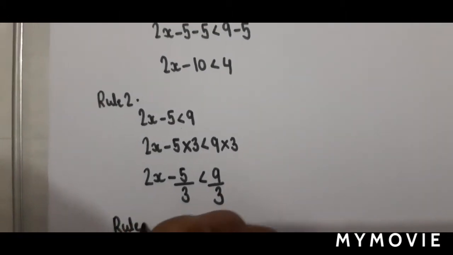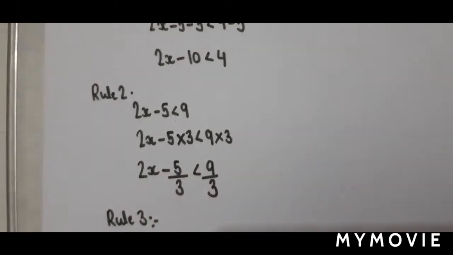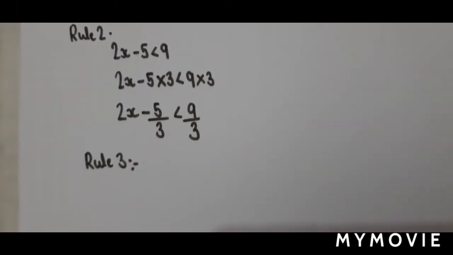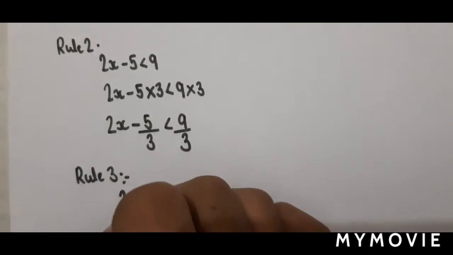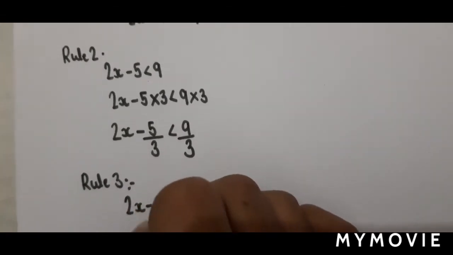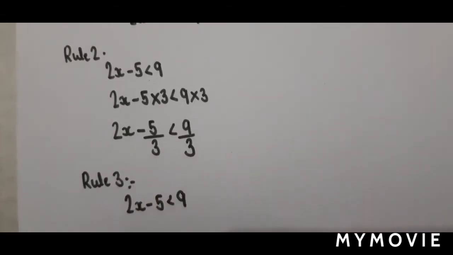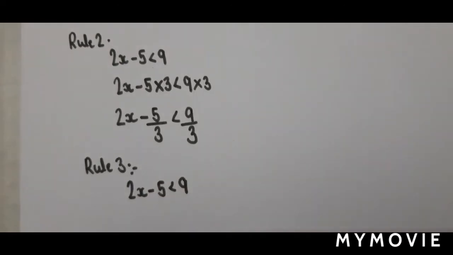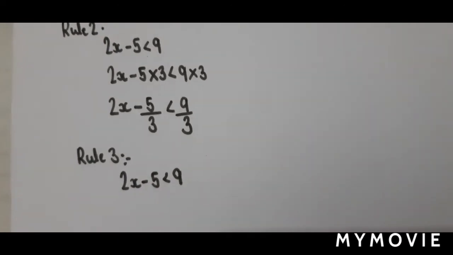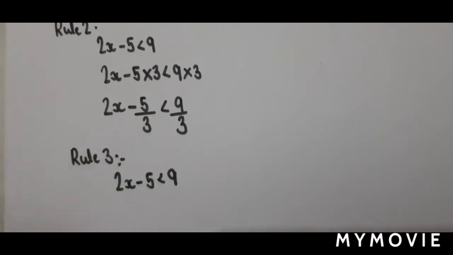Then Rule 3. See, in Rule 3, you should listen to it carefully. If I divide or multiply with negative numbers on both sides, then the sign changes.